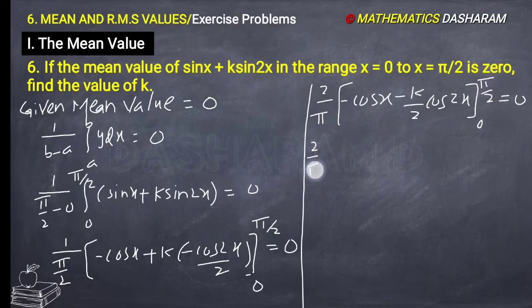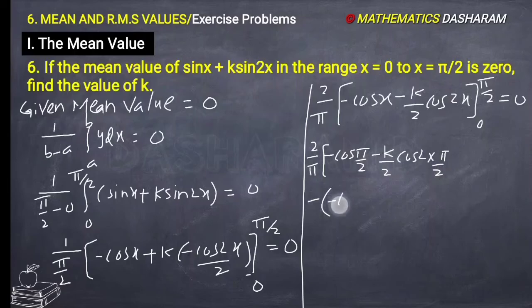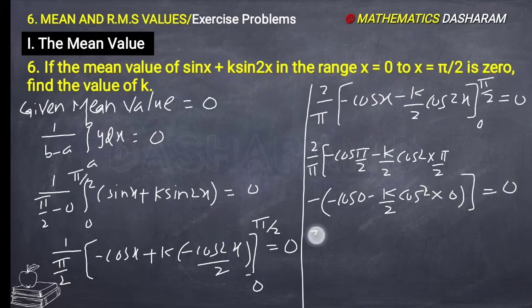Now 2 by pi, substitute the upper limit: minus cos pi by 2 minus k by 2 into cos 2 into pi by 2. Next the lower limit: minus cos 0 minus k by 2 into cos 2 into 0, equals 0.